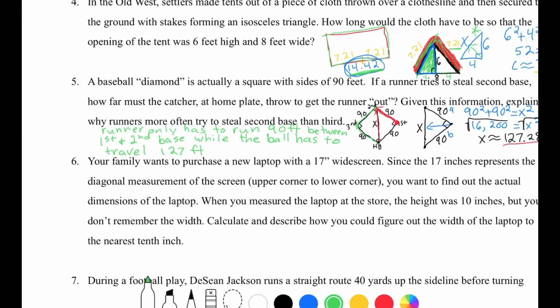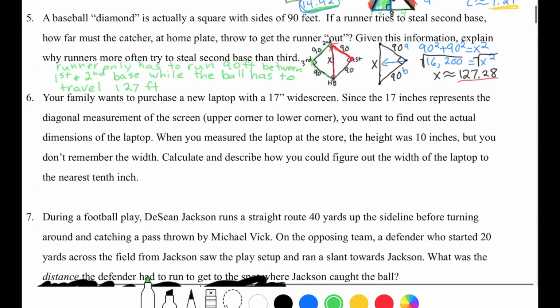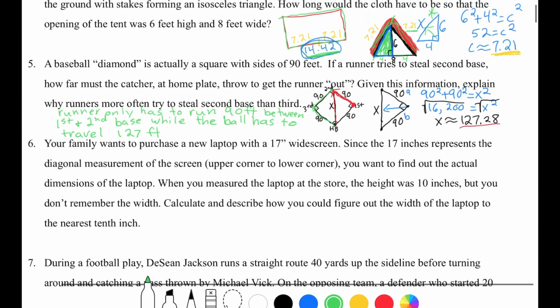Okay. Number 6. So your family wants to purchase a new laptop with a 17-inch screen. Since the 17 inches, it represents the diagonal measurement of the screen, upper corner to lower corner. You want to find out the actual dimensions of the laptop. So we're dealing with the rectangle. You've got all 90-degree angles are right angles.